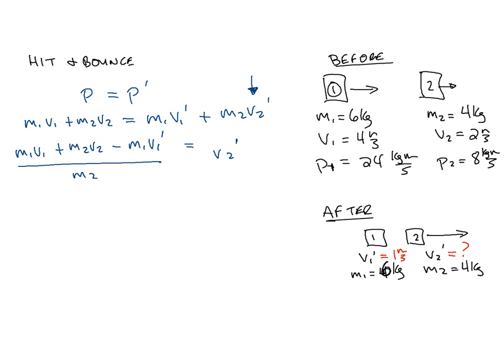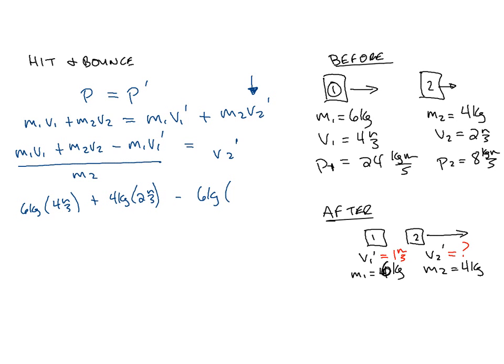Okay, got the numbers. We stick the numbers in. Mass 1 was 6 kilograms. V1 was 4 meters per second. I add to that 4 kilograms times 2 meters per second. I'm just getting these numbers from my picture right there, mass 1 V1, mass 2 V2. Put those in, and I need to subtract mass 1, 6 kilograms, times the speed afterwards.